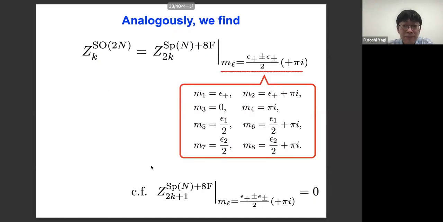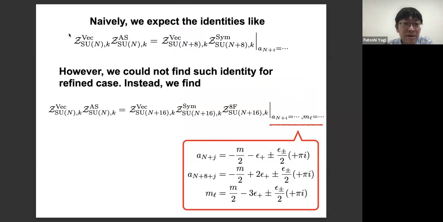And next, I also would like to compare the SUN plus 1 antisymmetric with SUN plus 8 plus 1 symmetric. This is also another correspondence which I claimed, but this time somehow I don't know how to interpret it.